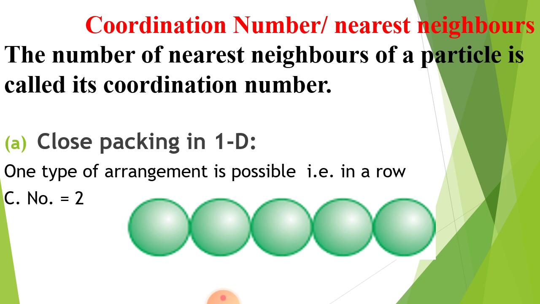Now we have to focus on coordination number. This is also known as nearest neighbors. It may be defined as the number of nearest neighbors of a particle, which is called its coordination number.